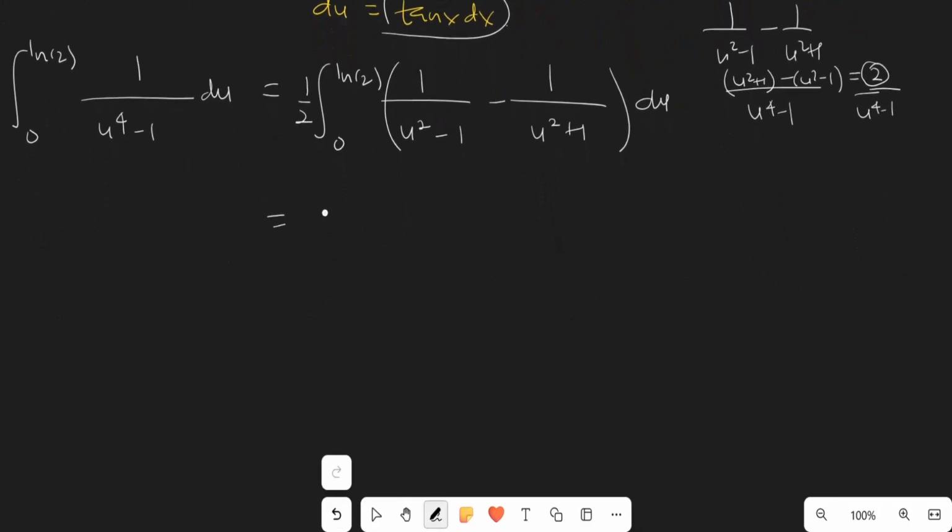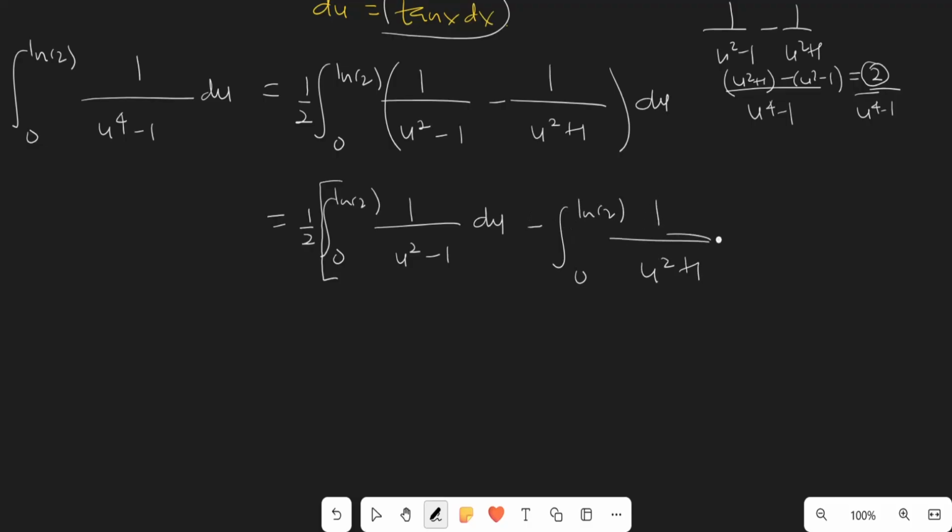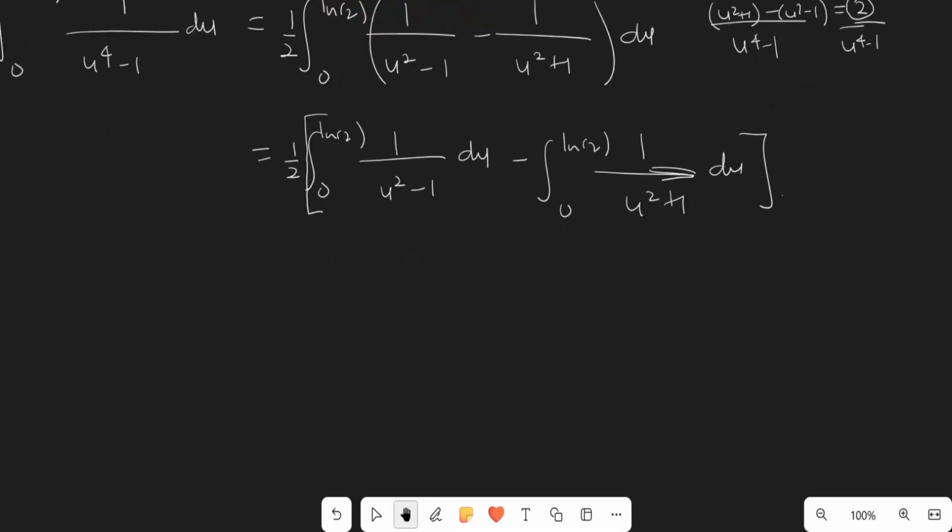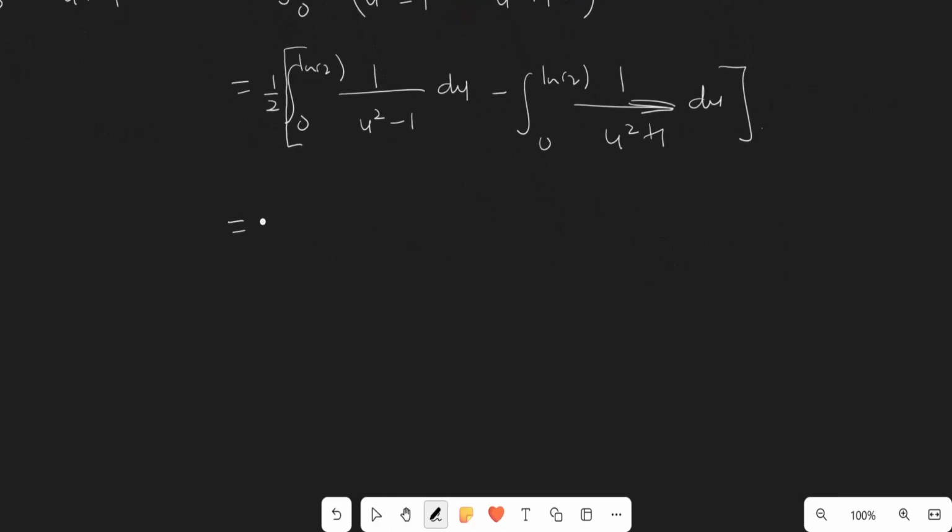And now our integral is 1/2 from 0 to ln of 2 of 1 all over u squared minus 1 du, minus the integral from 0 to ln of 2 of 1 all over u squared plus 1 du, all multiplied by 1/2 in front.